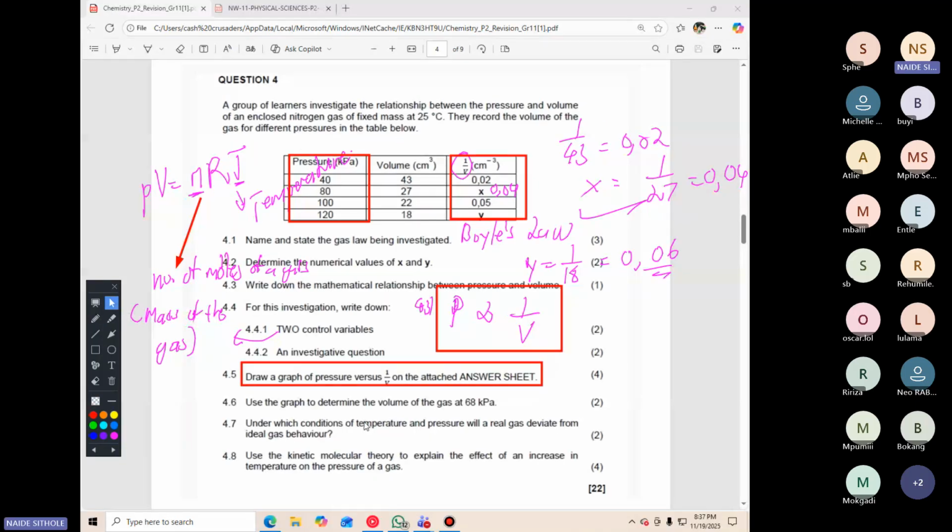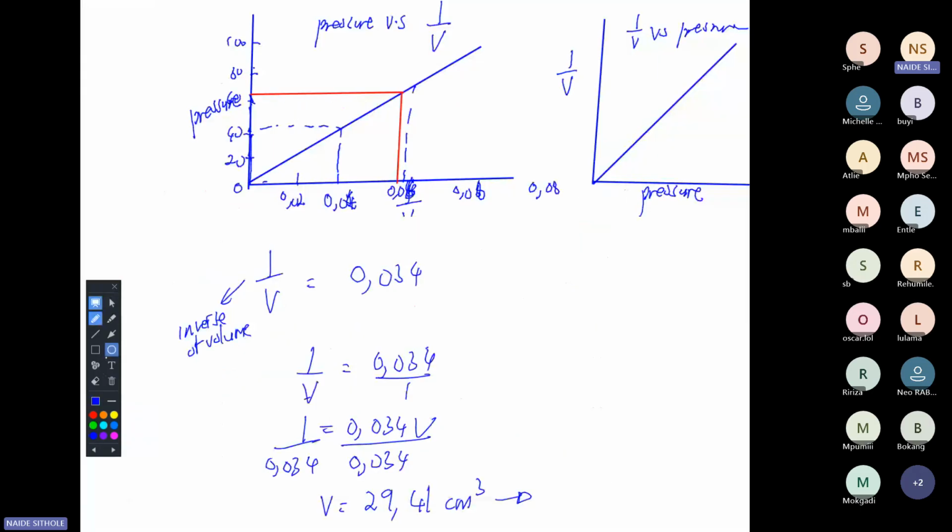Under which conditions of temperature and pressure will a real gas deviate from ideal gas behavior? We've spoken about this. We said the question they can either ask you in terms of when will it deviate, when will it behave more like a real gas. So you must be able to answer that question in those two formats, right?